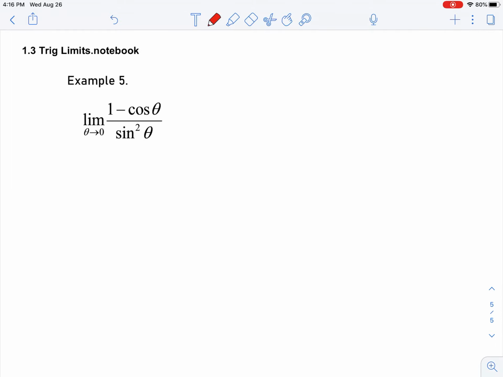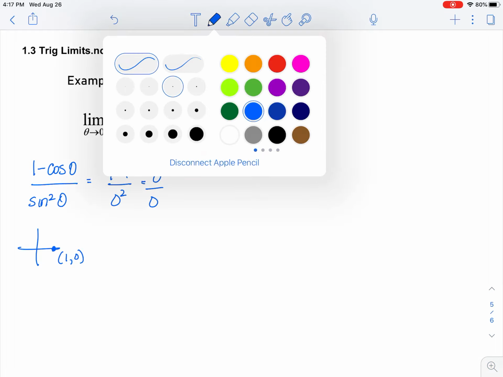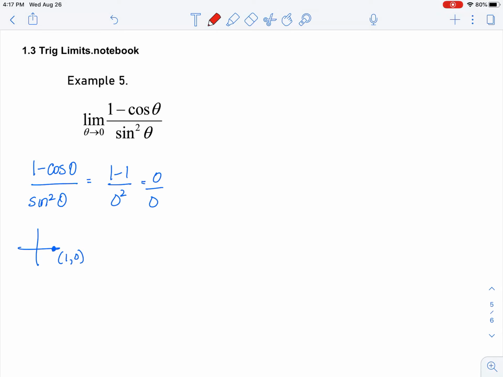Example 5, we are going to plug in here. And we get 1 minus cosine of 0 over sine squared of 0. We draw a quick unit circle. 0 is at the point 1, 0. So cosine of 0 is 1. So we get 1 minus 1 over 0 squared. 0 over 0. Indeterminate form means do more work. So what are we going to do here? Usually we just try to write everything in terms of sine and cosine.